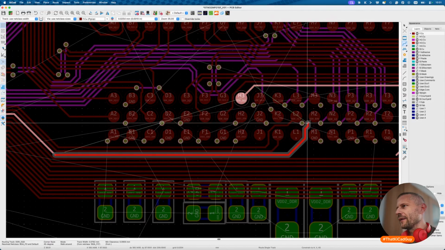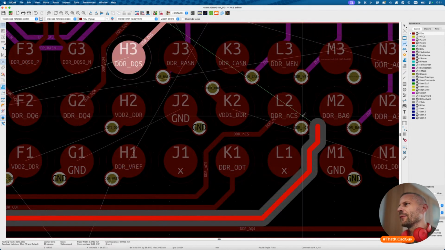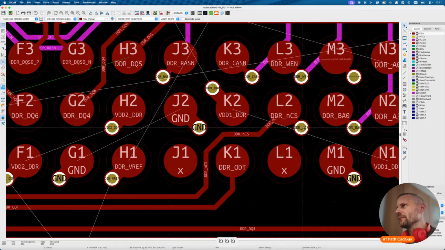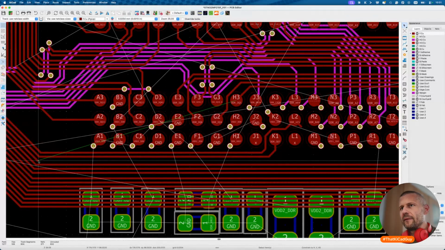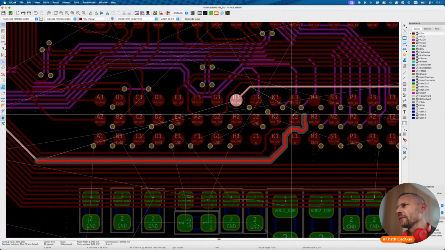Not this one. Of course I can delete this useless pad, but what else? Yeah, let's do that, because we can always undo the thing. Yeah, this one, another one.